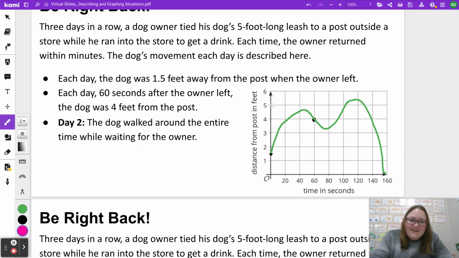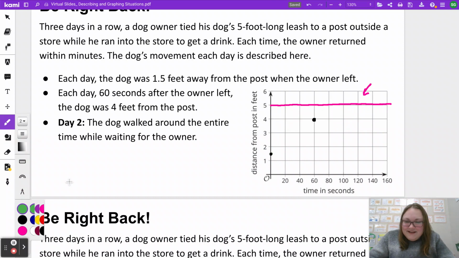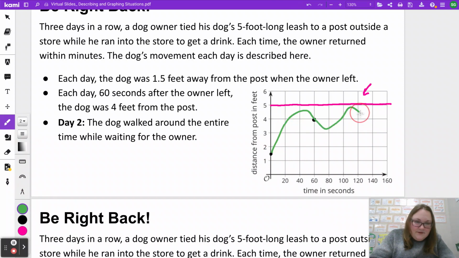Remember, we said the furthest that dog can get away is 5 feet. So our problem is right here. That dog is somehow getting further than 5 feet away. And so my line can't go above that 5 right there. So I could do something like this, and that would be okay.